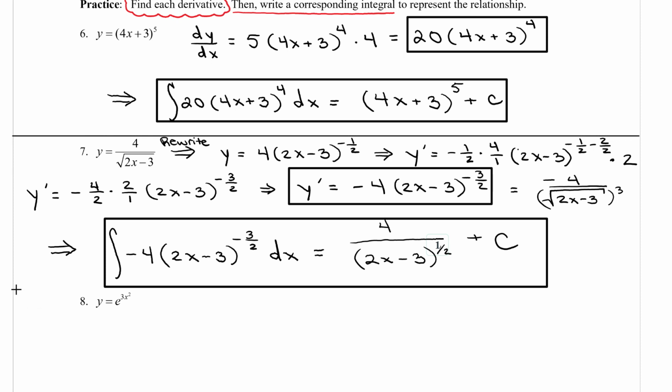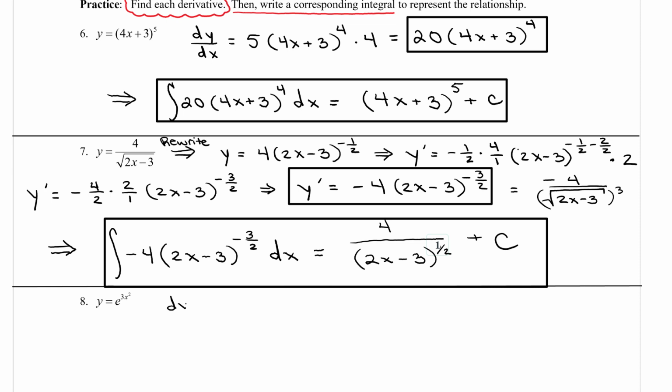I'm going to draw a line all the way across here, separating problem 7 from problem number 8. So problem number 8 says y equals e raised to the 3x squared power. We're going to start off by finding the derivative.